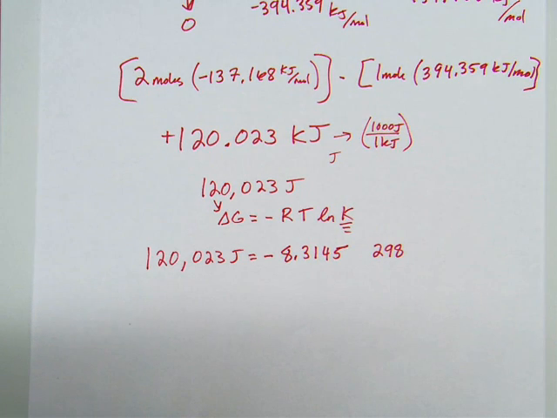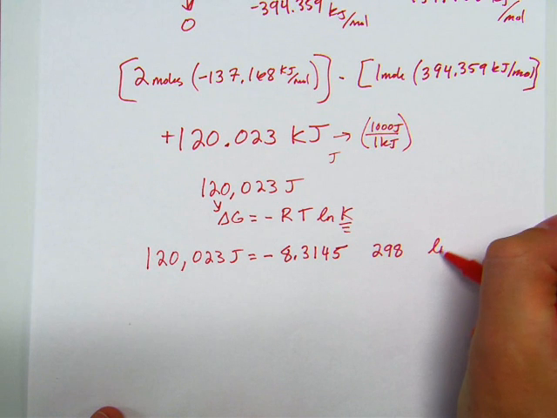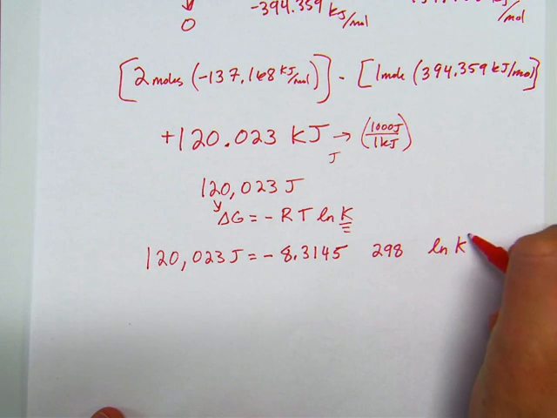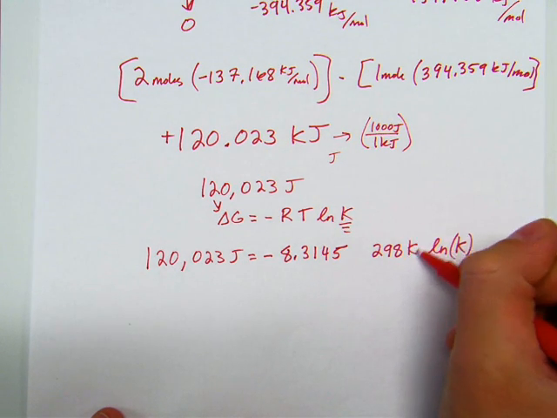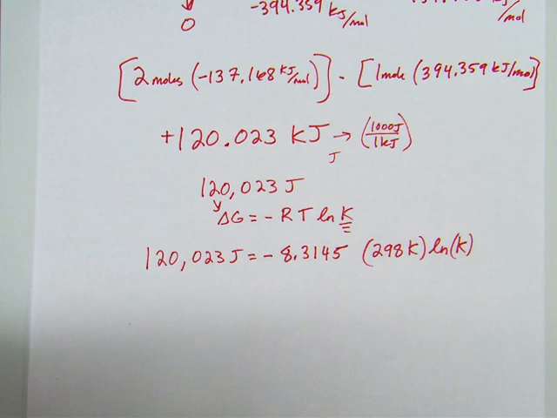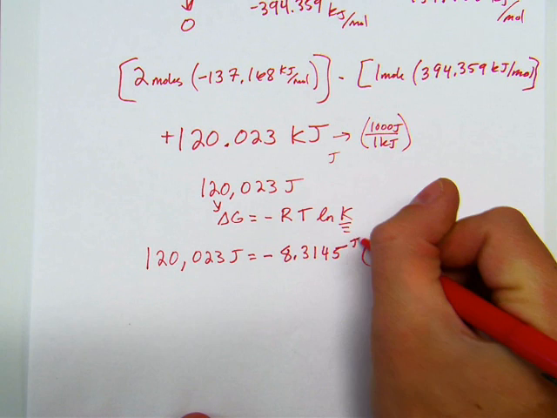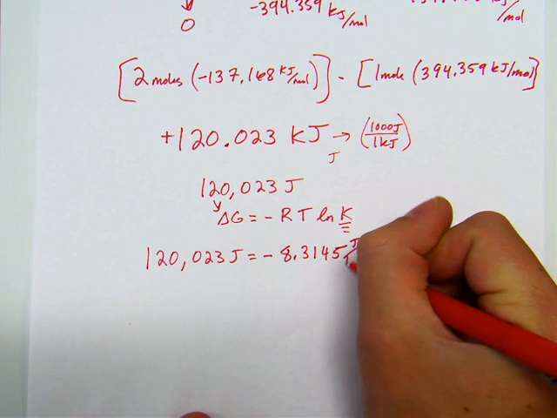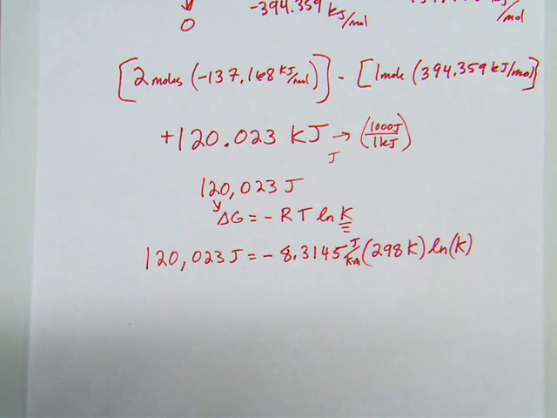Again, at standard conditions, we're always dealing at 298 Kelvin, times the natural log of K. So I'm trying to solve for K. And the units on my gas constant, if we go back to that section, look at our notes, are joules per Kelvin mole. Let's squeeze that mole in there. I know that's not the easiest for you to see. But that's the unit on the gas constant.